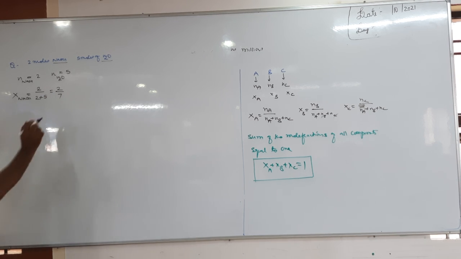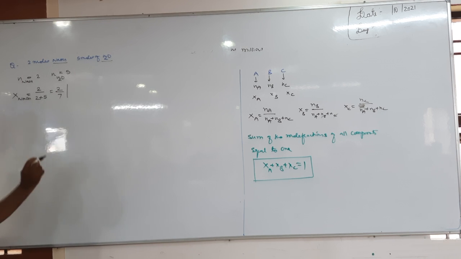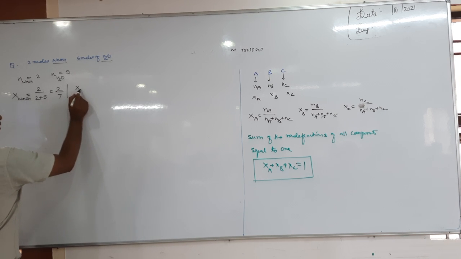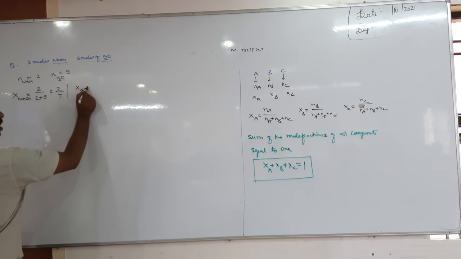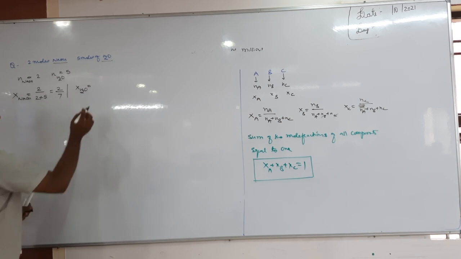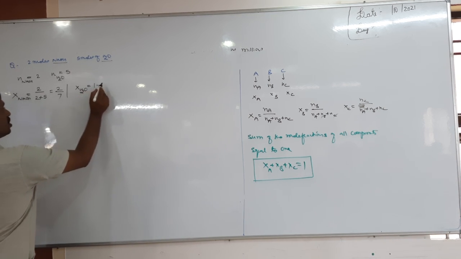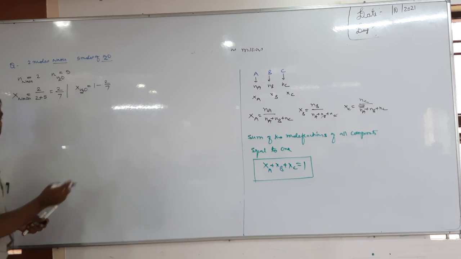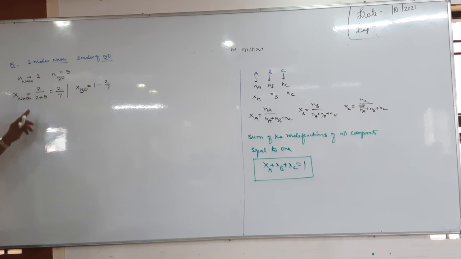Right. Next, we want the mole fraction of water. How do you calculate the mole fraction of water? Mole fraction of water equal to 1 minus 2/7. Why? The sum of the mole fractions is always equal to 1.